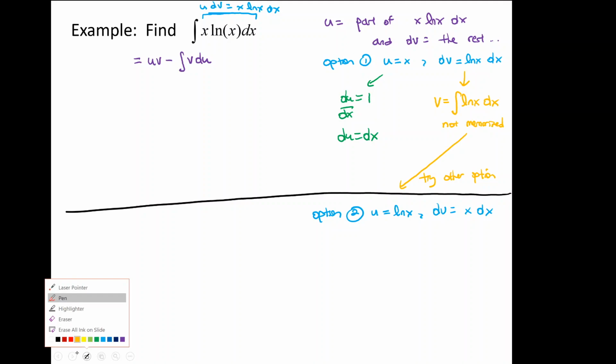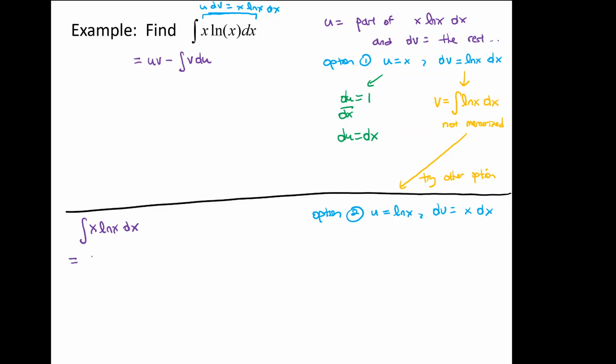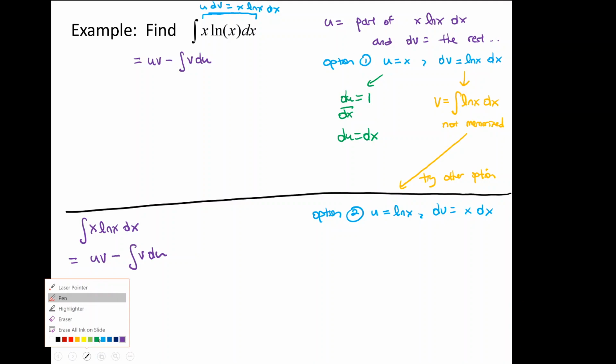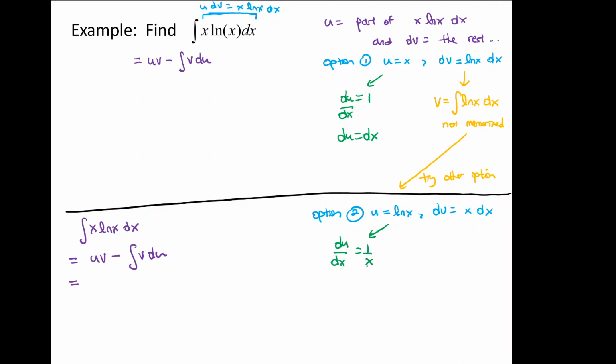Okay, so let's try the other option. We have integral of x, ln of x dx. We're going to rewrite this as uv minus the integral of v du. And we have to get the pieces. So if u is equal to ln of x, then du by dx, we take the derivative of ln of x, we get 1 over x.